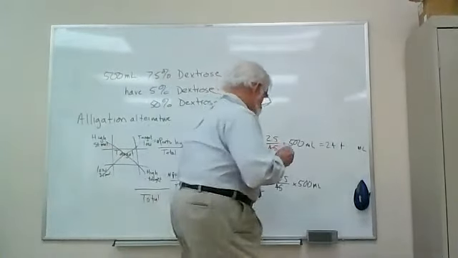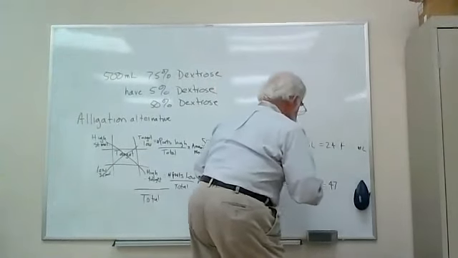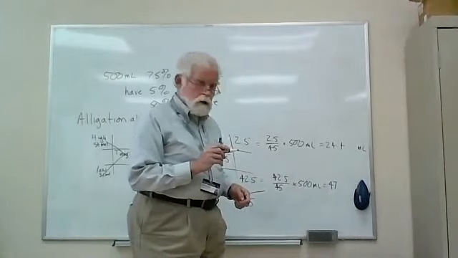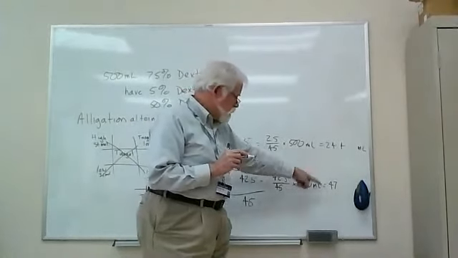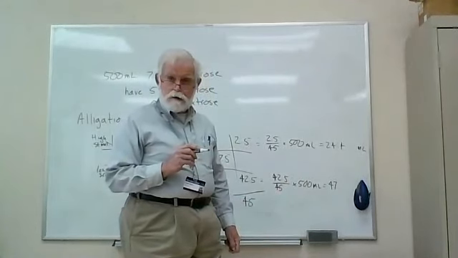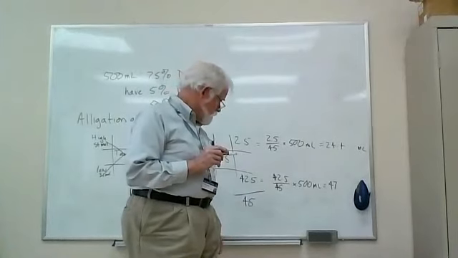472.22. Okay, then you need to check this number because they really need to add up to 500. Check both numbers again. 2.5 divided by 45.